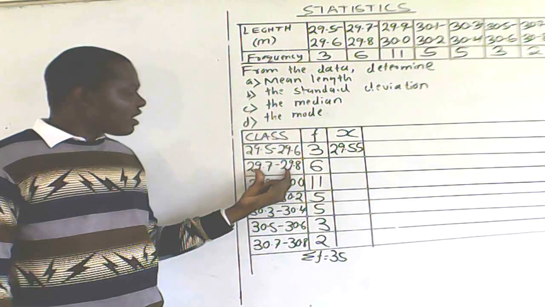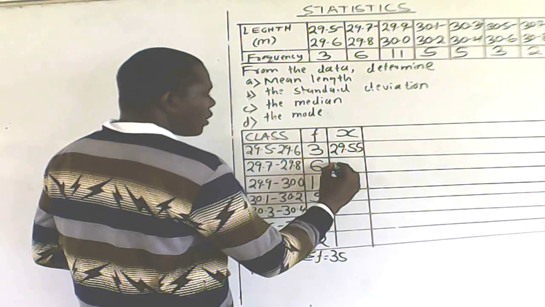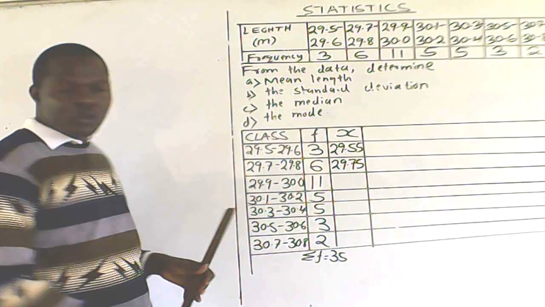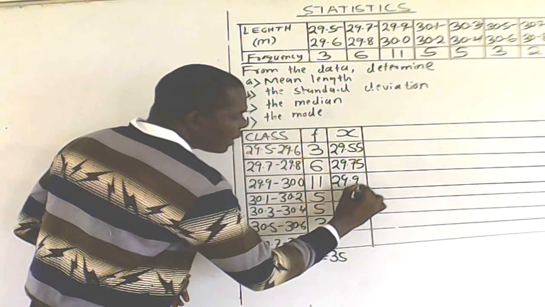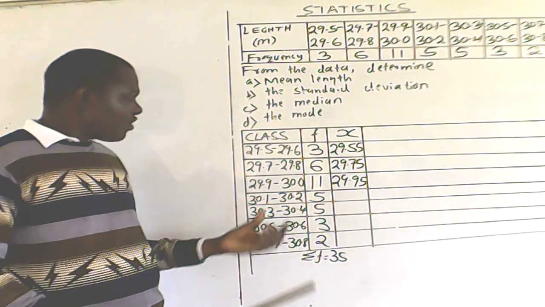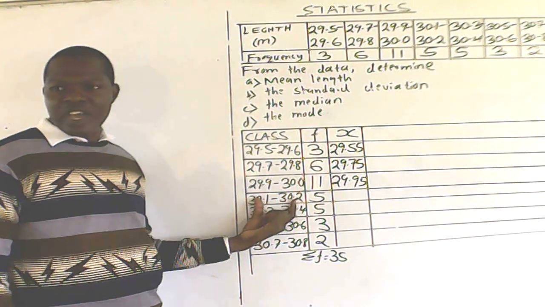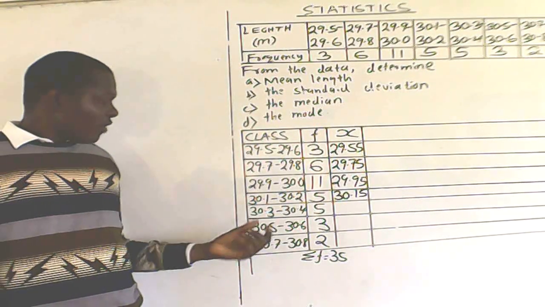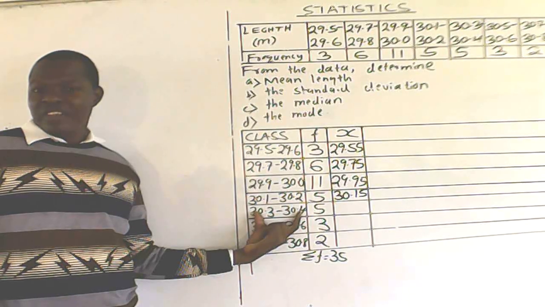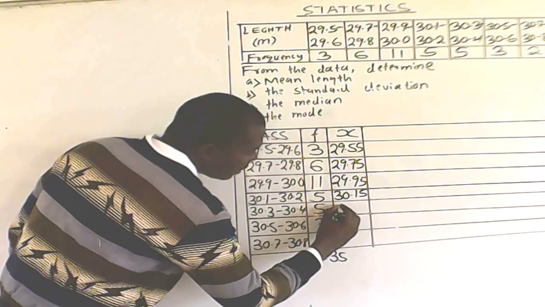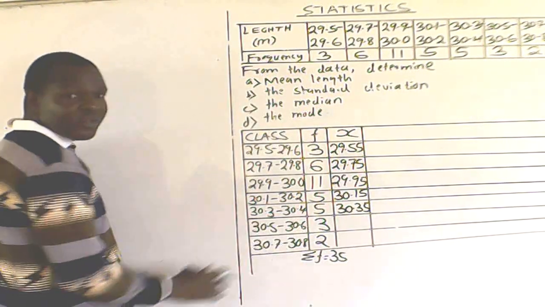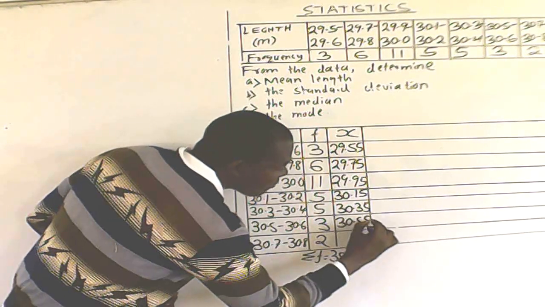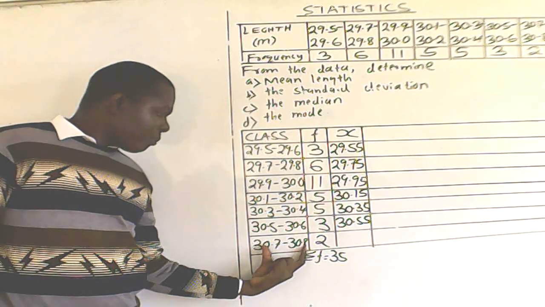Then the midpoint of this class, 29.7 plus 29.8 divided by 2, you get 29.75. Then 29.9 plus 30.0 divided by 2, you get 29.95. Then 30.1 plus 30.2 divided by 2, 30.15. Then 30.3 plus 30.4 divided by 2, 30.35. Then 30.5 plus 30.6 divided by 2, 30.55. Then 30.7 plus 30.8 divided by 2, 30.75.